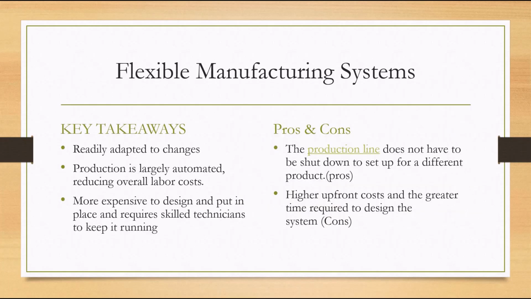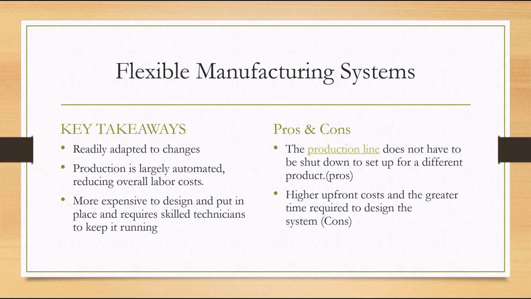If we see the key takeaways and pros and cons, the key takeaways are: a flexible manufacturing system is designed up front to be readily adapted to changes in the type or quantity of goods being produced. Production is largely automated, reducing overall labor cost.